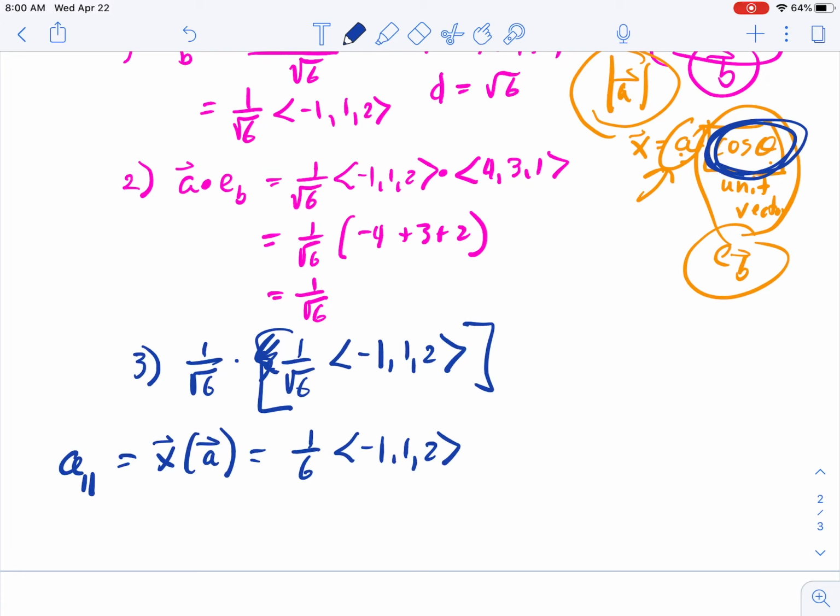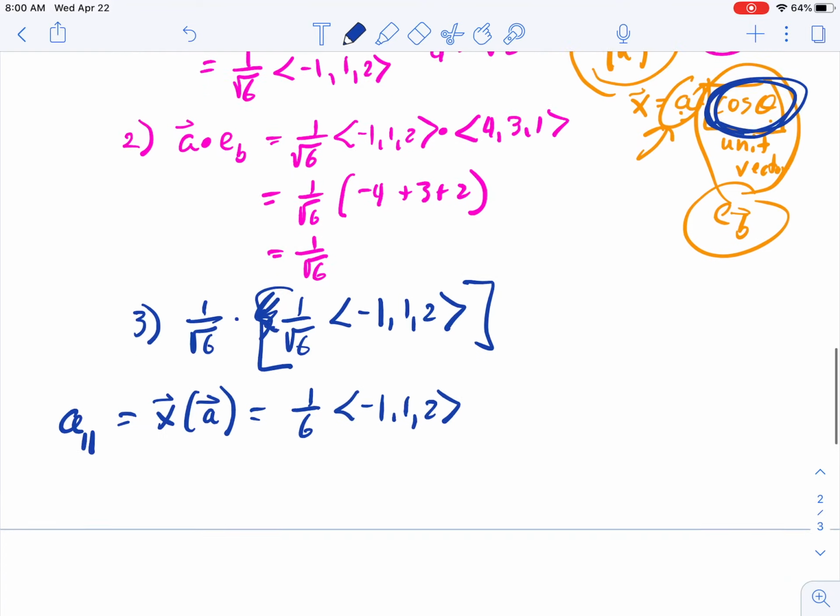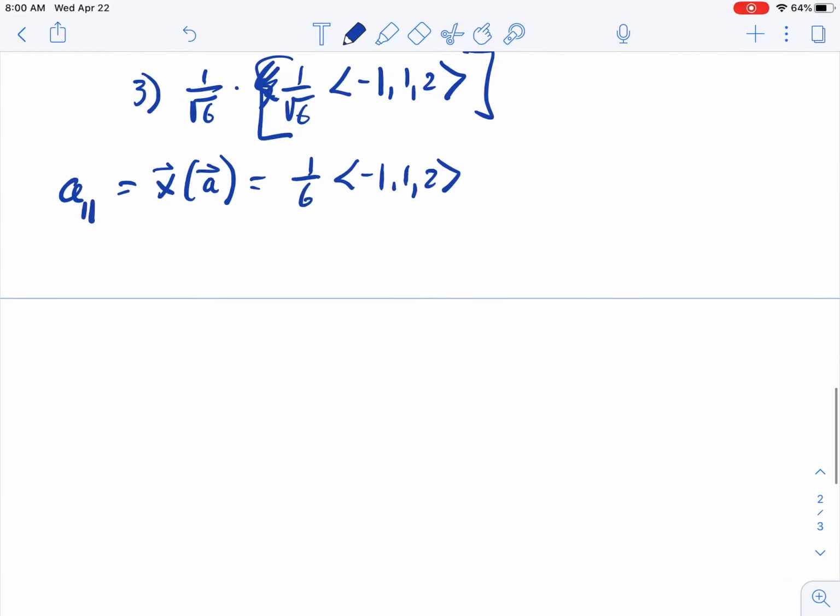Okay. So if I want to find now my y component, my components for A is A perpendicular plus A parallel. My A component was 4, 3, 1.